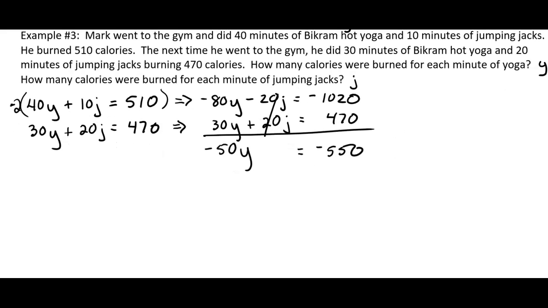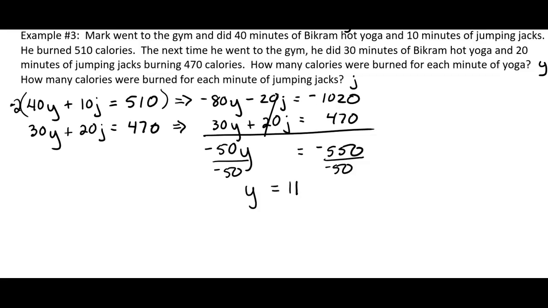And now we're going to divide by a negative 50. And we get y equals, and a negative divided by a negative is positive, so I think that's going to be 11. And so it looks like for every minute that he does yoga, he's burning 11 calories, okay?